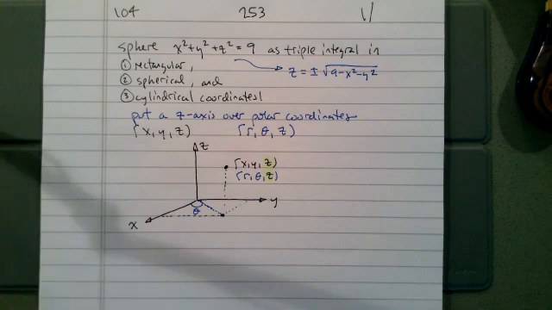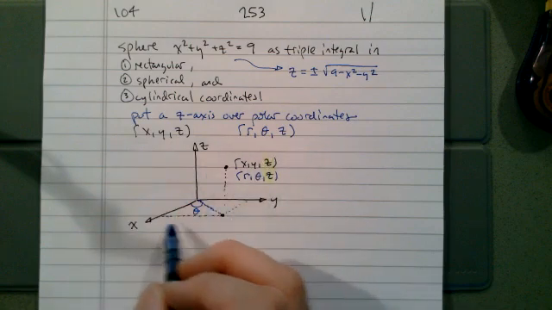All right, so what this means is that if we can turn x and y into r and theta, then we can turn rectangular coordinates into cylindrical coordinates because the z is going to be the same.